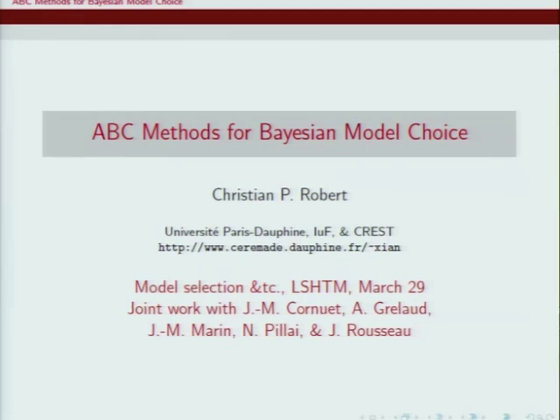What I want to cover today is the specific issues of using ABC methods, ABC standing for approximate Bayesian computation, in doing model choice from a Bayesian perspective, and actually doing model choice through Bayes factors.